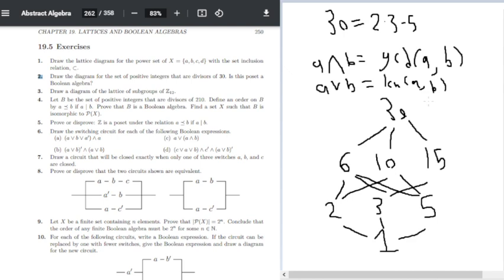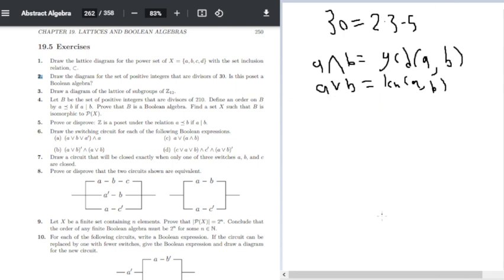Wait, I'm wondering. I'm pretty sure this is a Boolean algebra. Yes, because instead of thinking about numbers, we'll write out the prime factors of a number as a set.